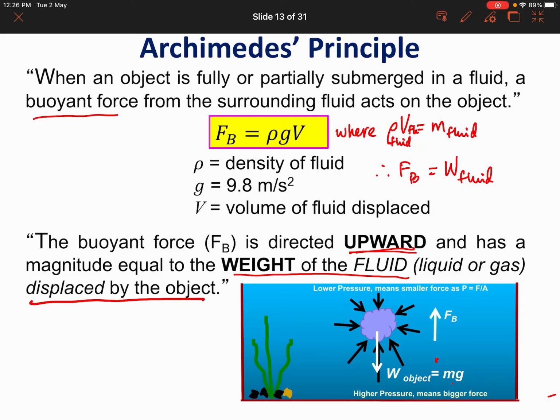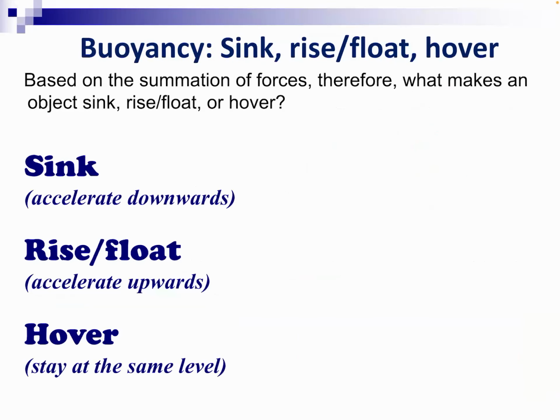All right, so by comparing these two forces, the buoyancy force and the weight force of the object, we can define a criteria for when the object will sink, rise or float, and hover.